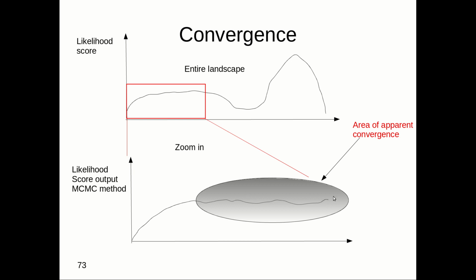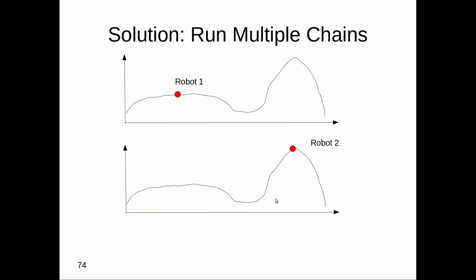Then at some point here, because this peak area is very flat, you have reached an area of apparent convergence, right? You may say, well, just by looking at it, I think my Markov chain has converged, and thereby you may be tempted to just stop the analysis.